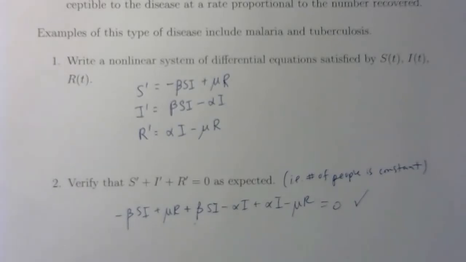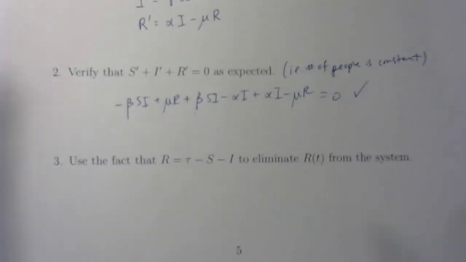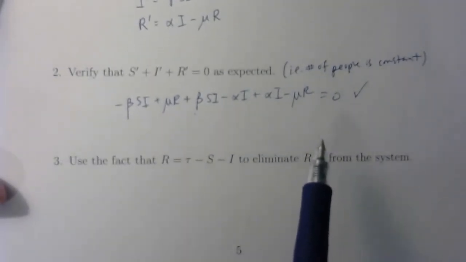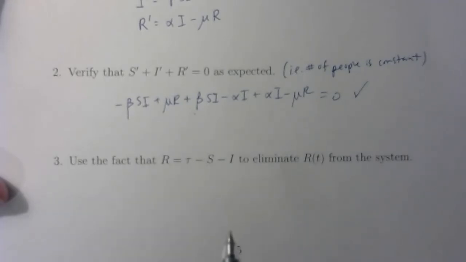So we have 3 equations with 3 unknowns, but we also have this fact that we just verified, that the number of individuals doesn't change, and tau, the number of individuals that we're looking at, is fixed. So we can actually get rid of one of the variables and we'll just have a two-dimensional system. So that'll be nice.